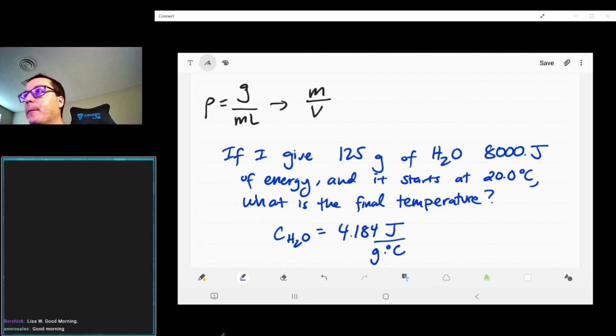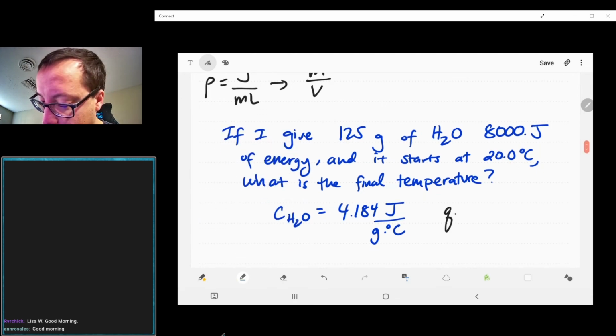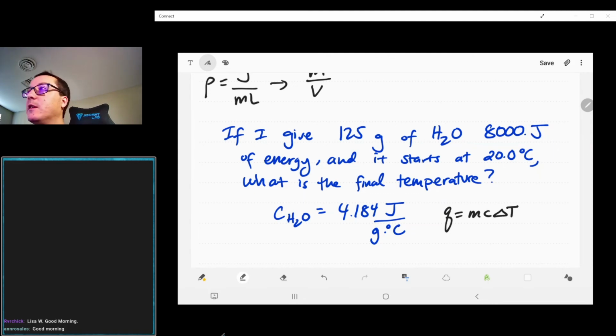So this is kind of a typical, standard problem in chemistry where you would be given a bunch of various values and you're asked for one particular quantity. So if we want to use our happy formula, I'll copy it again for us here.